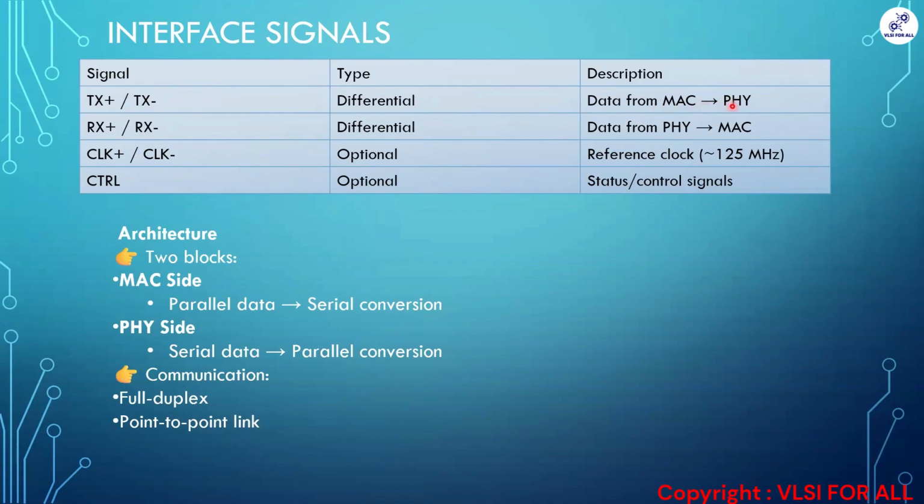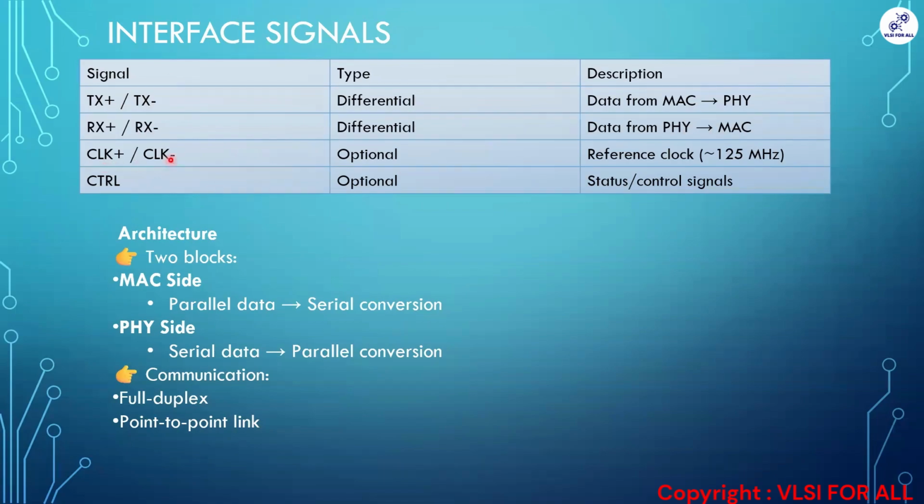Data goes from MAC to PHY, the physical layer. We send the data on these, and we have RX positive and RX negative, which are differential. Data transfer happens from the physical layer to the MAC layer.